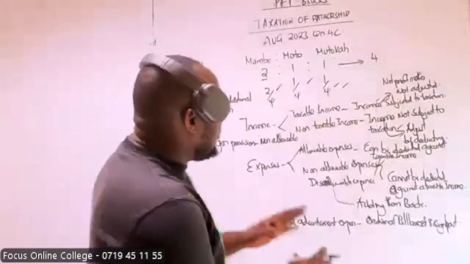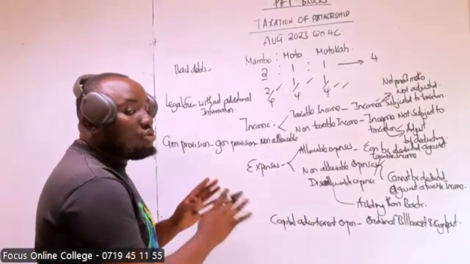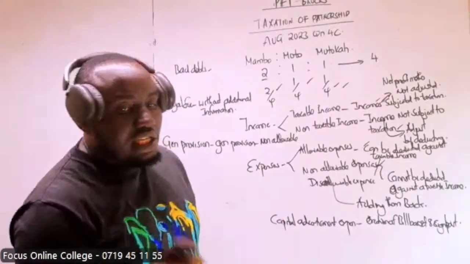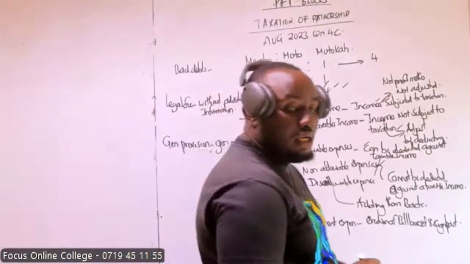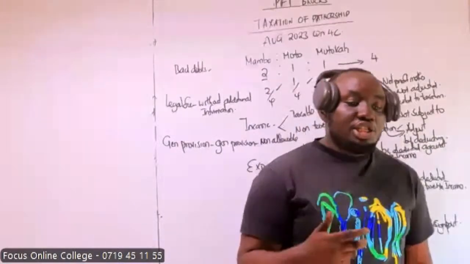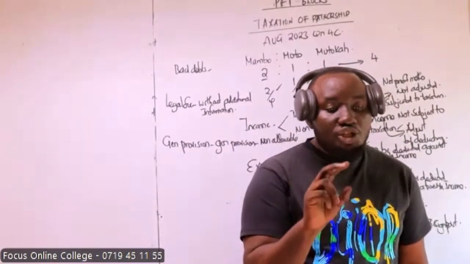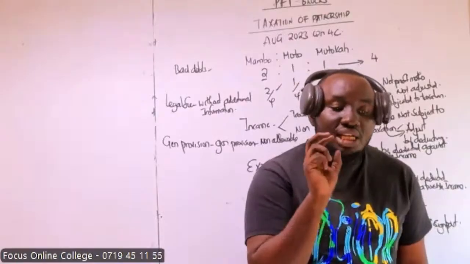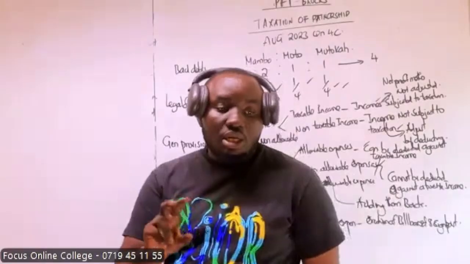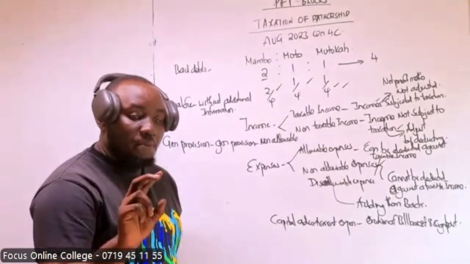In taxation, we only allow a specific provision for bad debt, but we do not allow a general provision for bad and doubtful debt. What is the difference between the two? In accounting, when you have an increase in general provision for bad and doubtful debt, we treat it as an expense. However, in taxation, an increase in general provision is not allowed, only a specific provision.